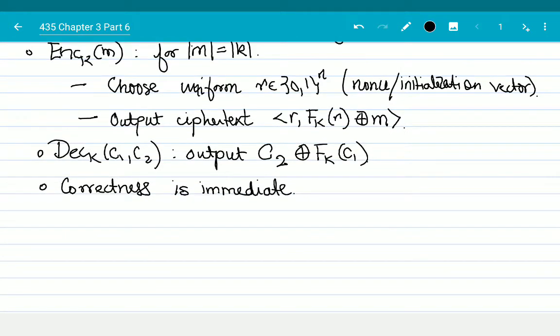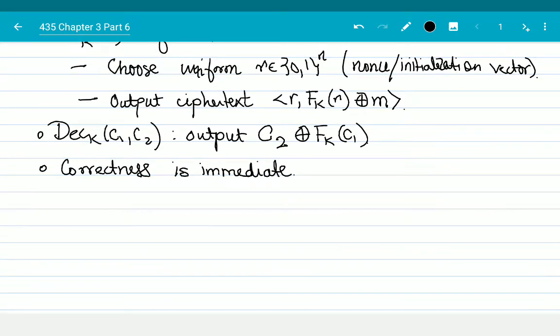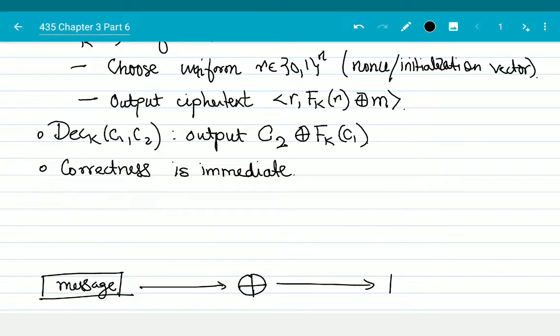In terms of picture, if we want to draw what is happening, it looks something like this. A message is being sent. It is encrypted, and we have a ciphertext, but the ciphertext is now of two blocks.